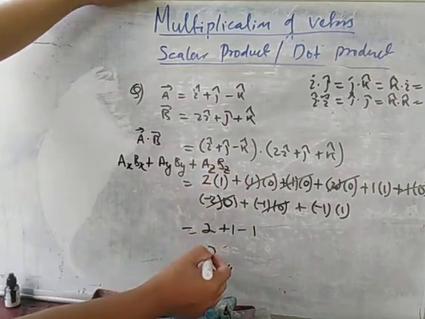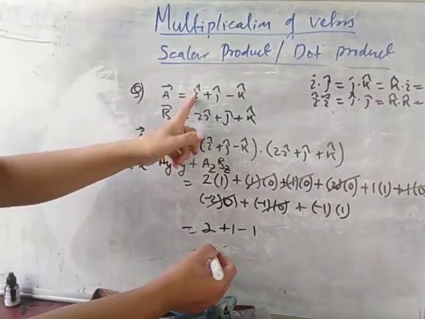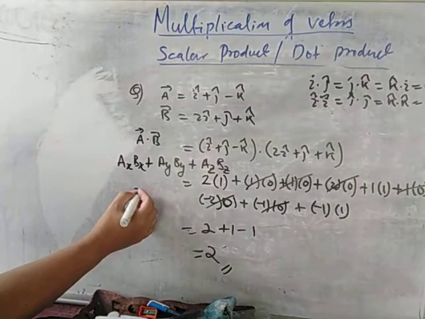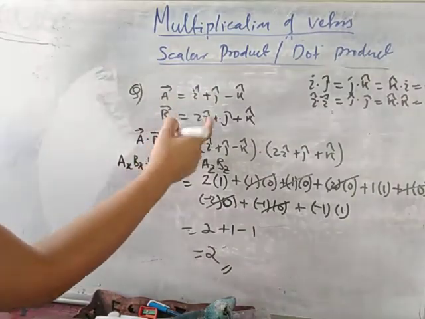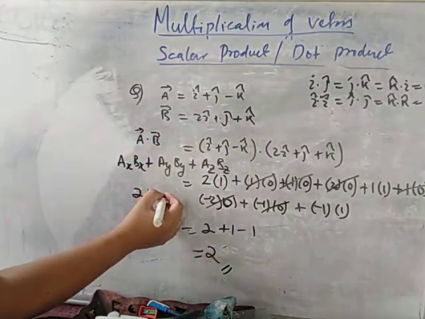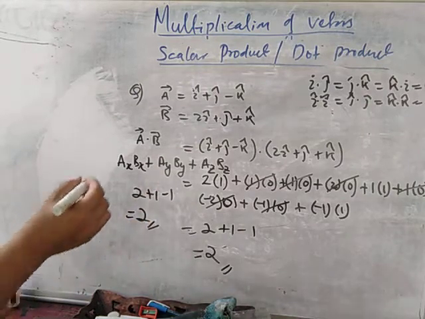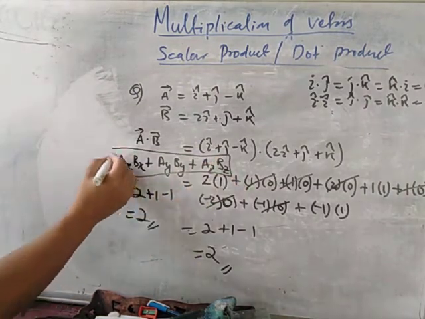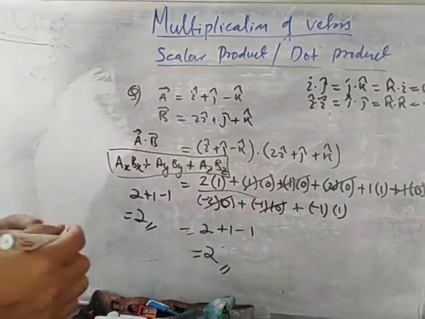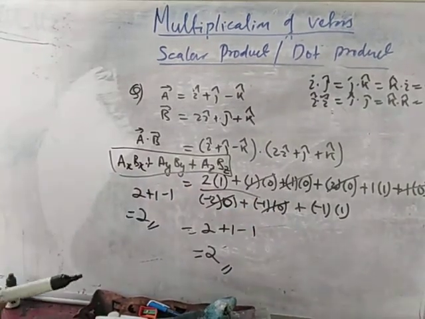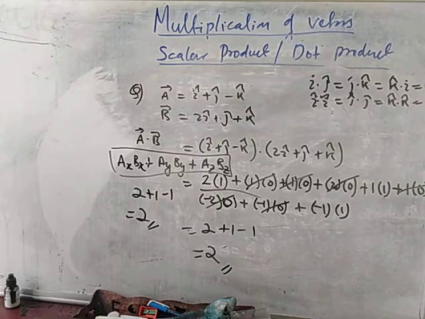So 1 into 2, 2, plus 1 into 1 for j, minus 1 for k. So equals how much? 2 again, the same, isn't it? Whichever way you go, you get the same. Okay, the shortcut is this one. Hope you understood this.